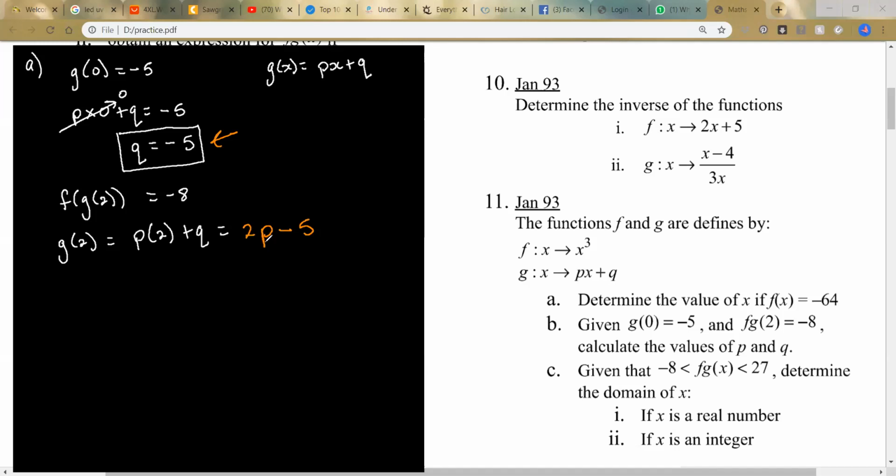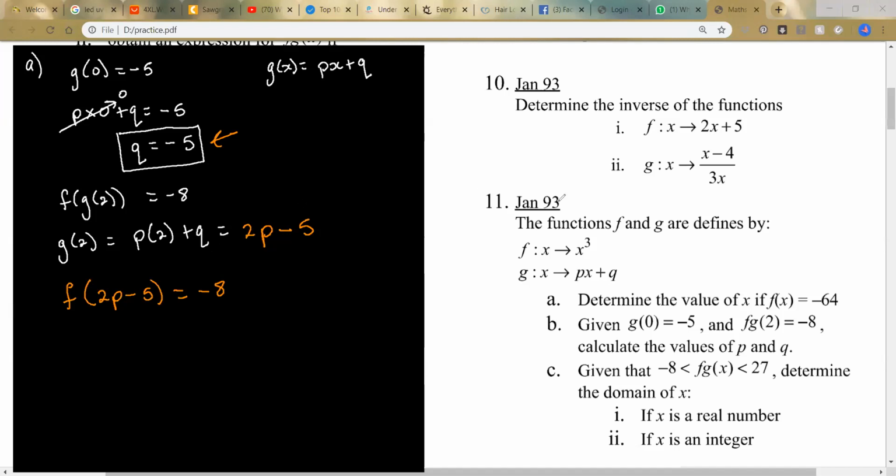Is the orange a little better? All right. So now we have f of 2p minus 5 being equal to negative 8. What is f of 2p minus 5?